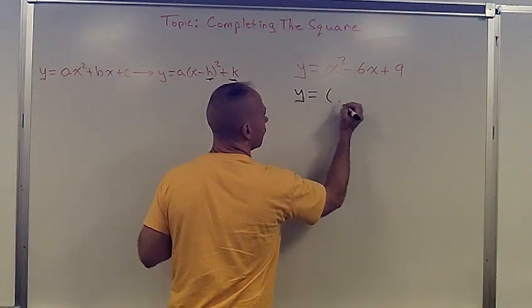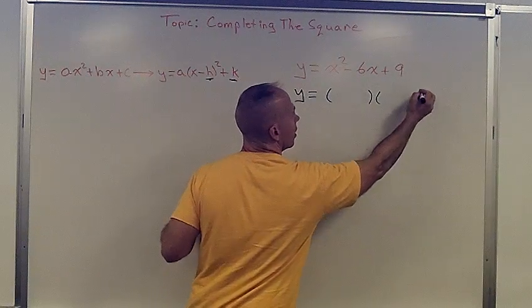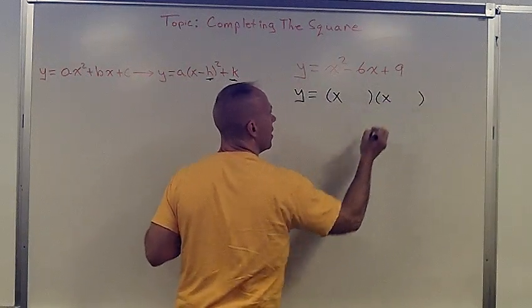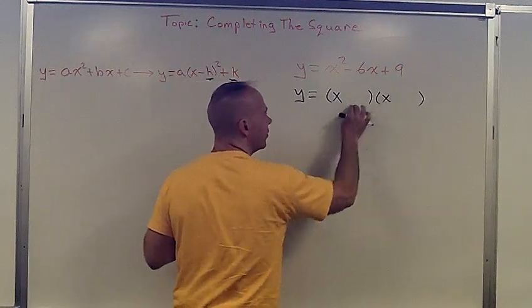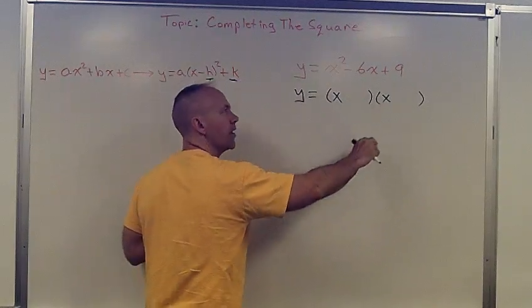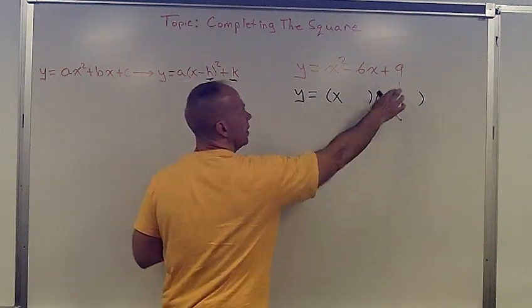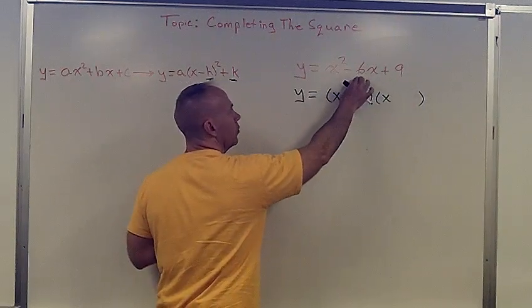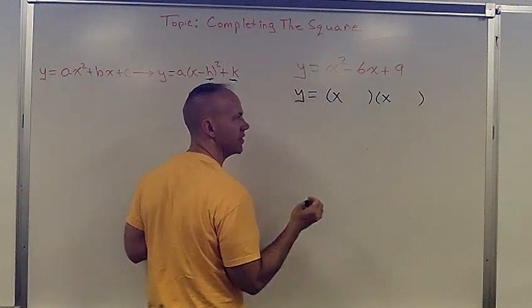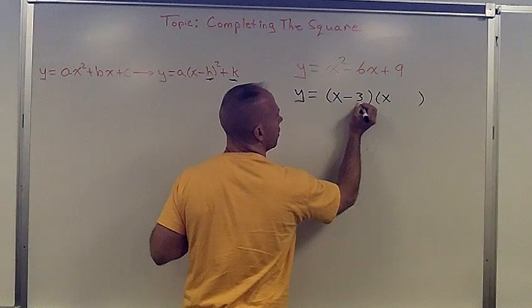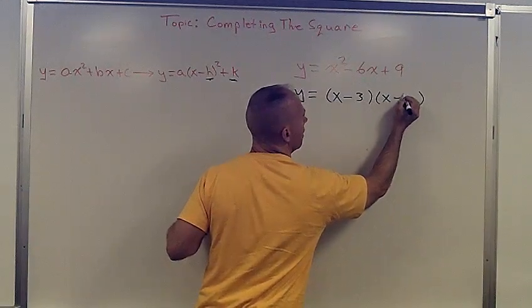First terms would have to be x. And then, how did we get the second terms? We looked at two numbers that multiplied to give c, 9, that added up to b, negative 6. Well, in this case, that's minus 3 and minus 3.